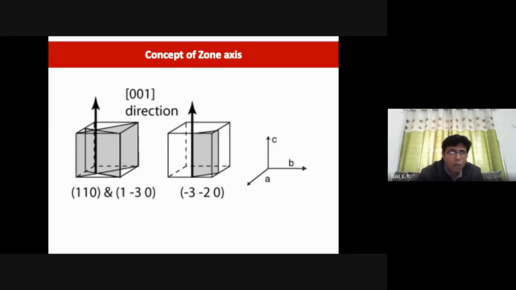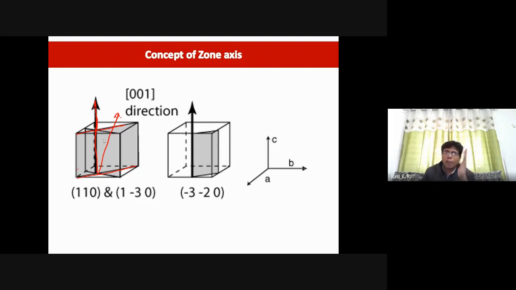Let's say you have two planes. Let's say this is the 1 1 0 plane, and you have a 1 bar 3 bar 0 plane. There is a common axis which is going. This is what we call zone axis. You tilt this one, then automatically you will see some other plane must be obeying the Bragg condition.